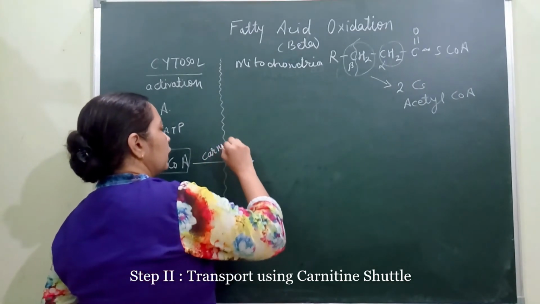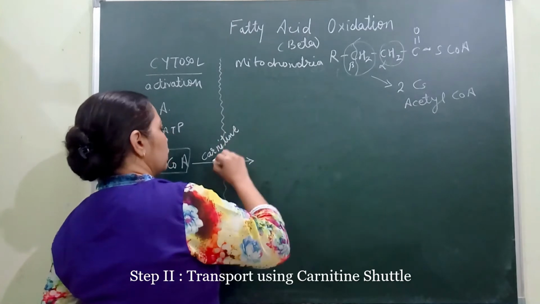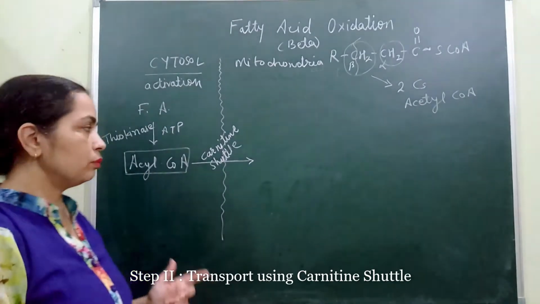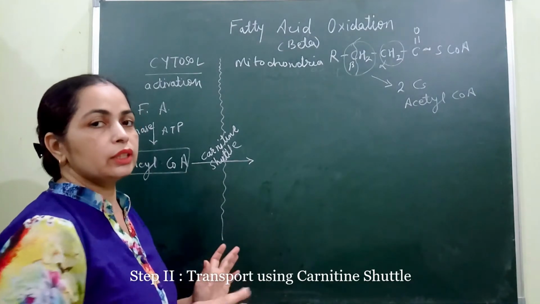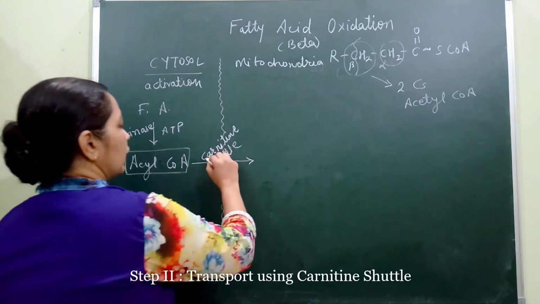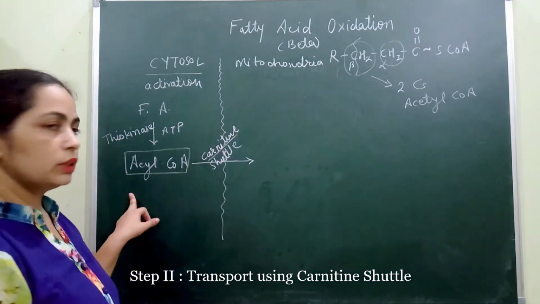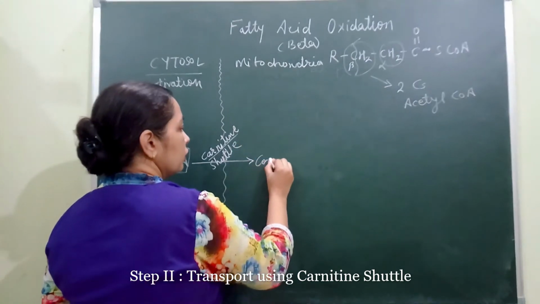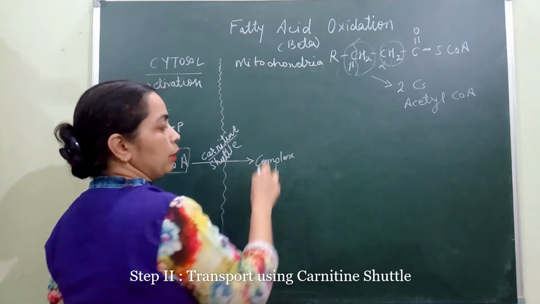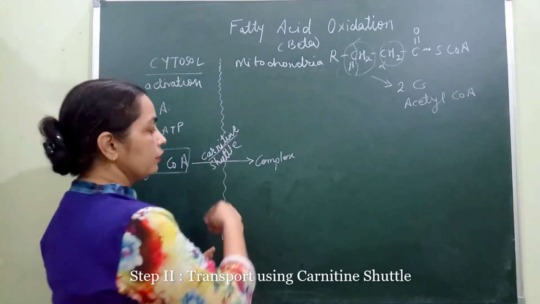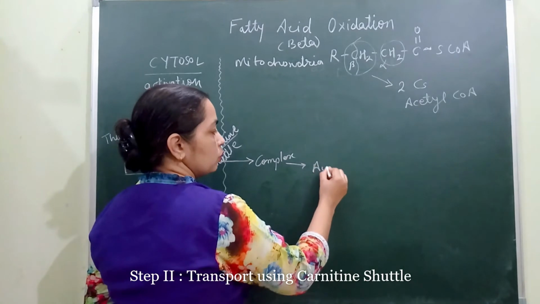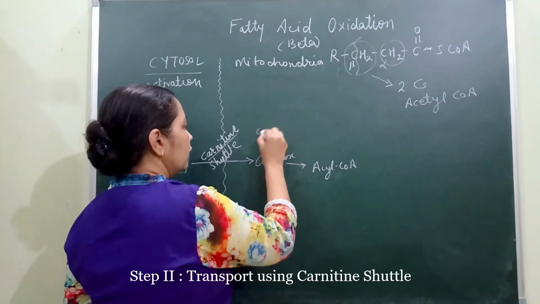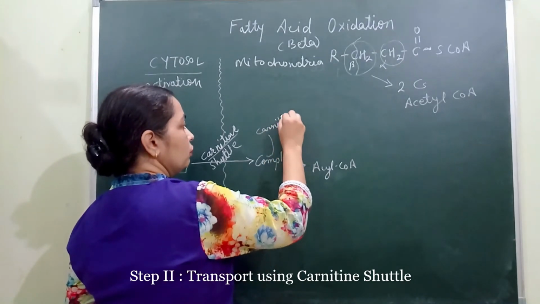called the Carnitine Shuttle. This shuttle uses transferase enzymes because it is doing the transferring, and the carnitine protein forms a complex with acyl coenzyme A. It carries that complex inside the mitochondria, where acyl coenzyme A is released as a free molecule, and the carnitine is free now.